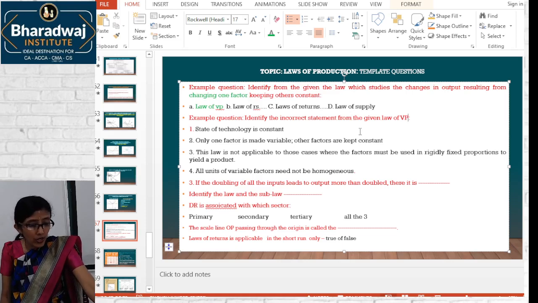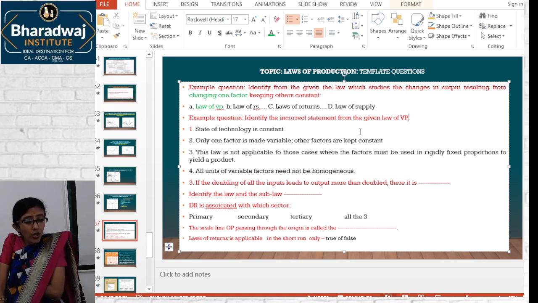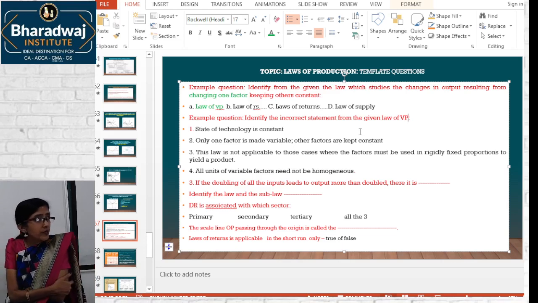State of technology is constant, only one factor is made variable, others are kept constant. The law is not applicable to those cases where the factor proportions must be used in rigidly fixed proportion to yield a product. All the units of variable factors need not be homogeneous. Option 4. It should be homogeneous.